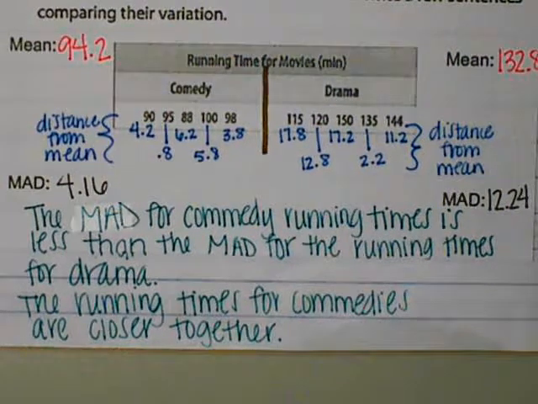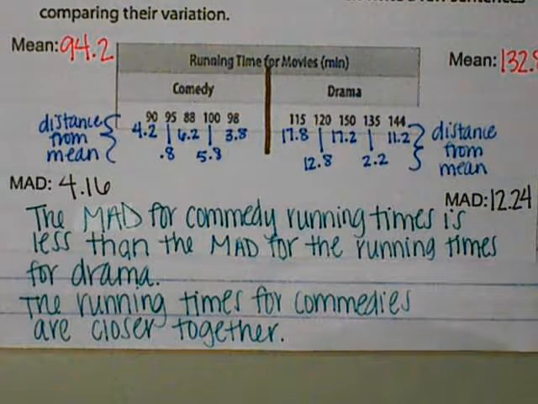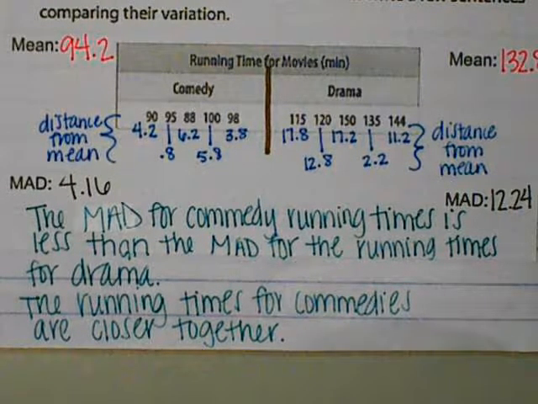Another thing that I noticed is that the running times for comedies are closer together, because the average distance from the average time is 4.16 minutes versus the average distance away from the average time for a drama is 12.24. So there's a much wider range here.